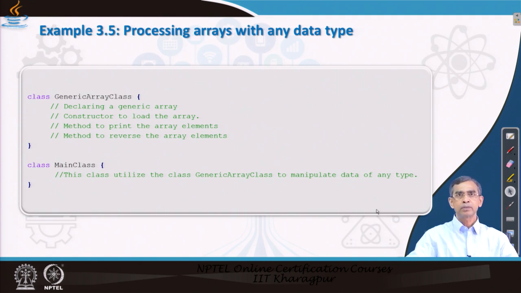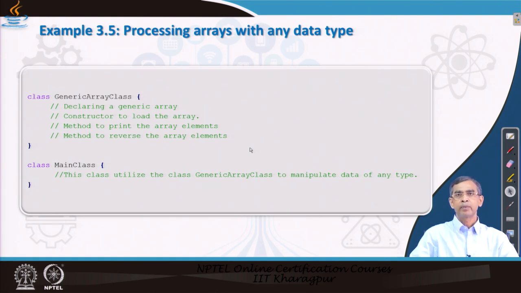This is the structure of the program that we are going to illustrate so that we can understand how a generic class for an array with any type of data can be declared. There are a few steps: declaring a generic array, then a constructor to load the array, then a method to print the array and a method to reverse the array, so that any type of elements, integer, double or string or any type can be used and all these operations can be done.